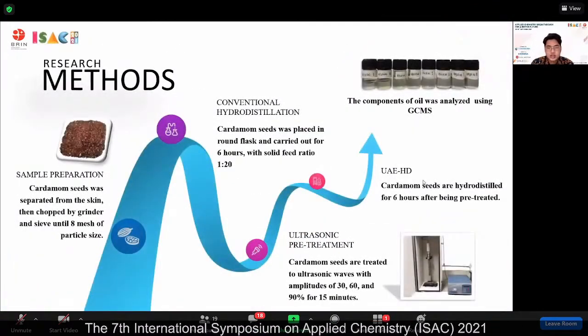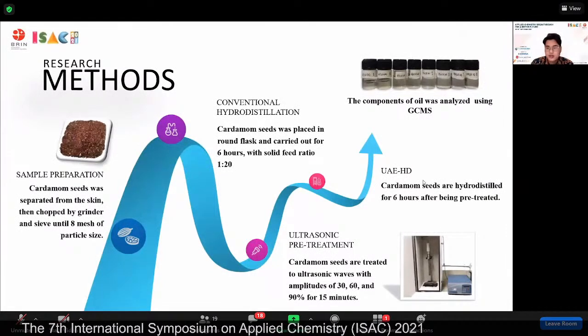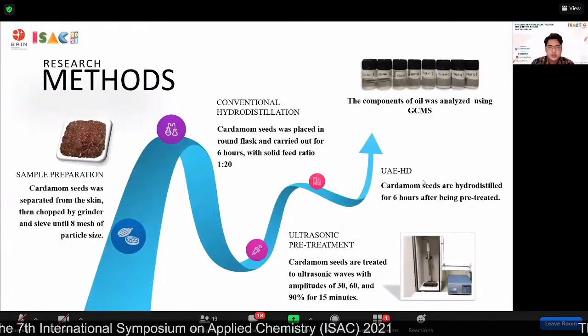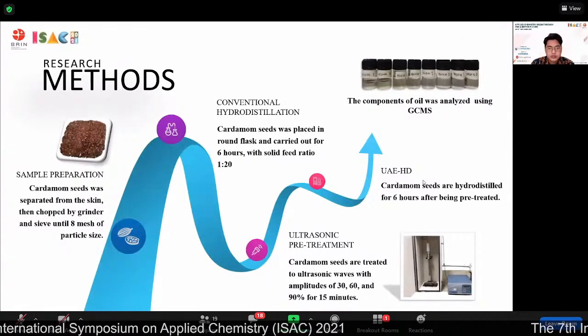To start the research, we do sample preparation where the cardamom seed was separated from the skin, then chopped by grinder and sieved to a certain particle size. Then the cardamom seed was placed in a round flask and distilled for 6 hours, with a solid to liquid ratio of 1 to 20.